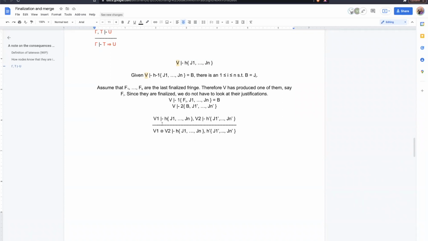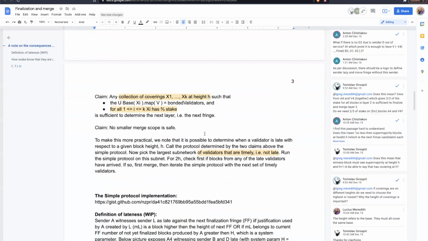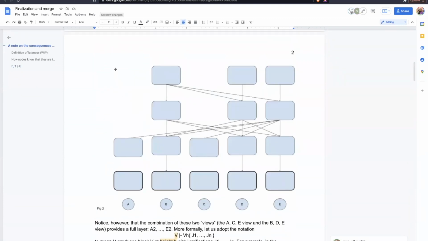So now you can see how these rules correspond to diagram formation. In particular, I can now write down portions of these diagrams. Does that make sense?